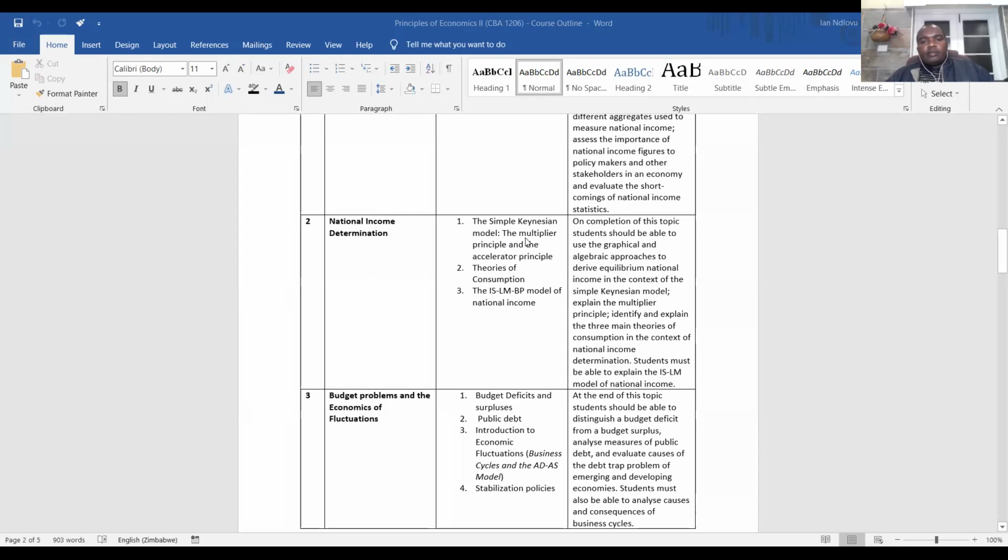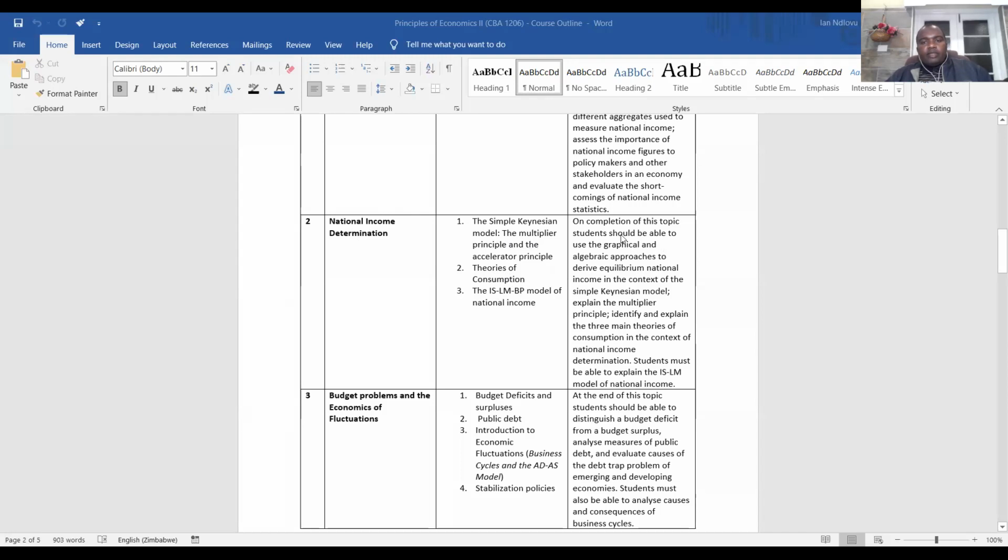Under the simple Keynesian model, we are looking at the multiplier principle and the accelerator principle. Number 2, theories of consumption. Number 3, we are looking at the ISLM-BP model of national income.